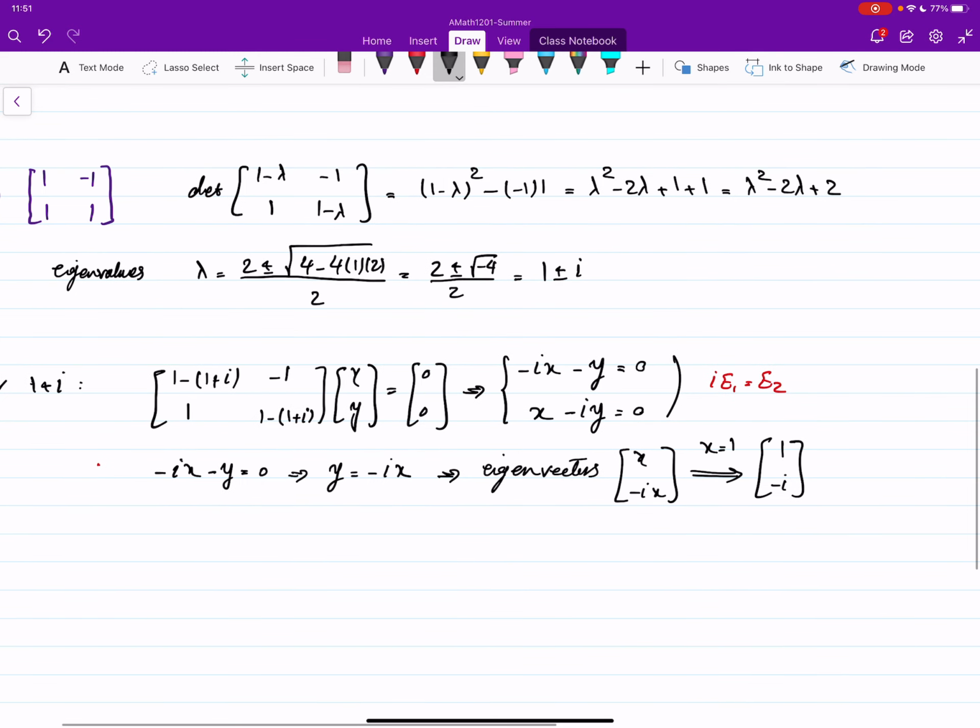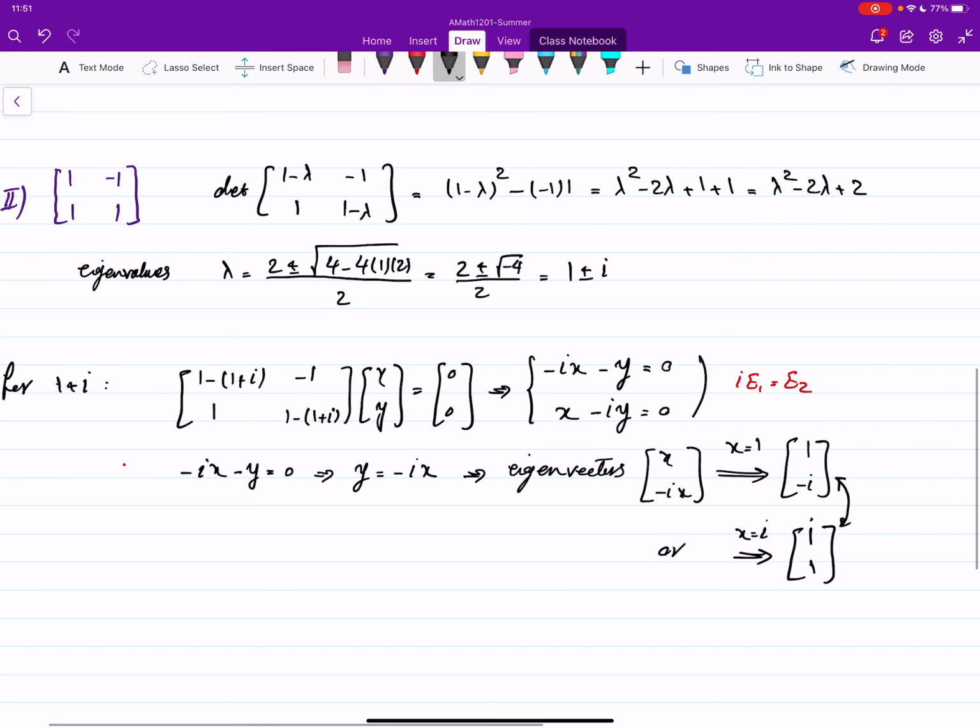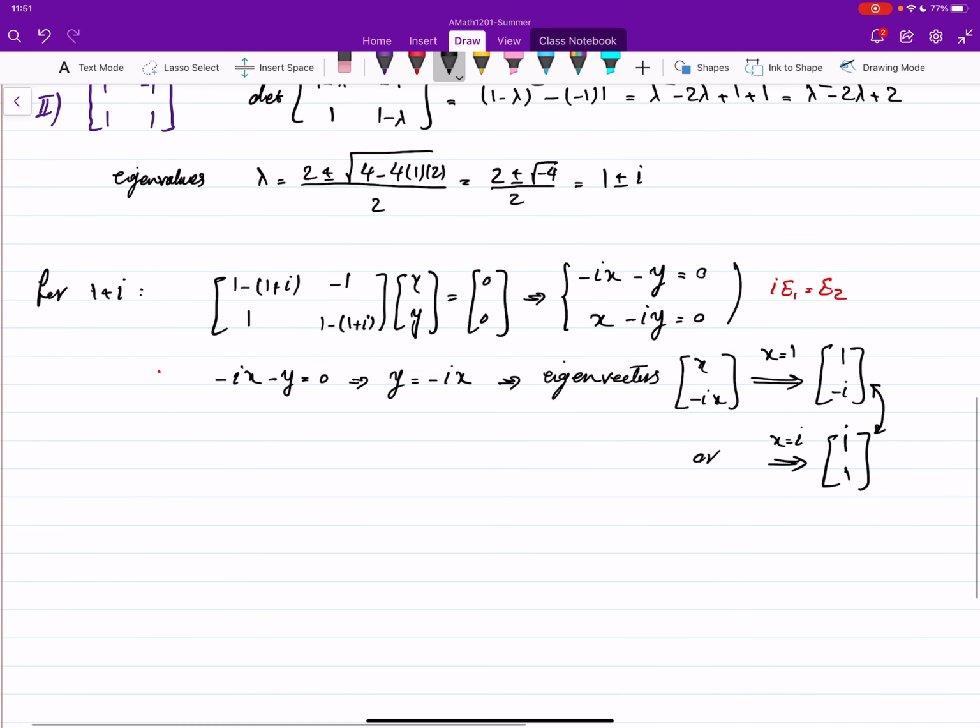Also, this is interesting that you now can plug in complex numbers. For example, you can plug in i there. If you plug in i, the first one is going to be i itself. The second one, i times negative i, is 1. These are multiples of each other. It's just one is i times the other one. Those are how you can find those eigenvalues.